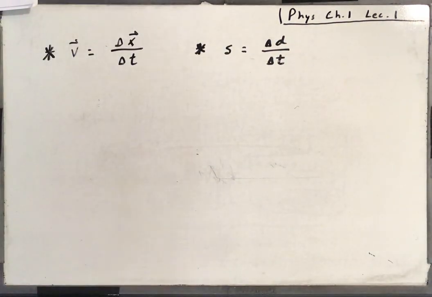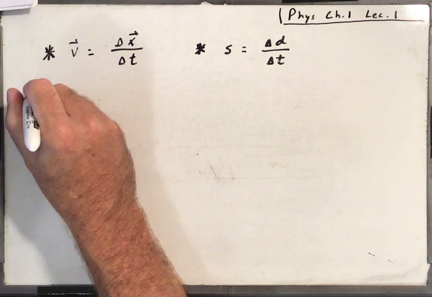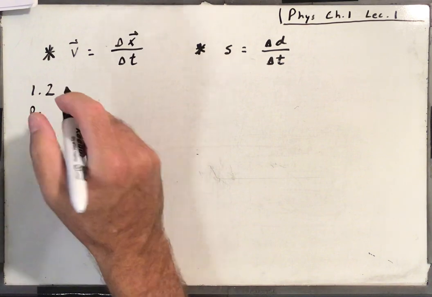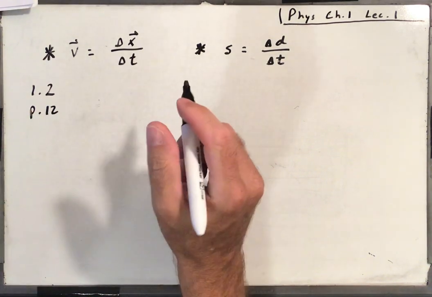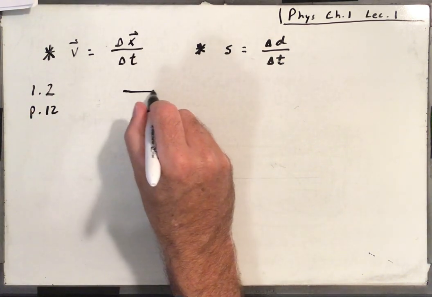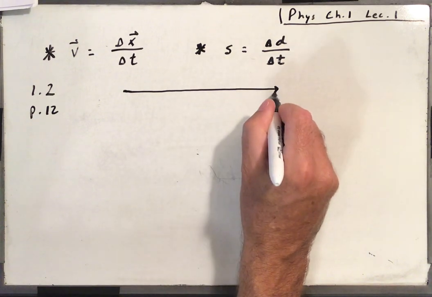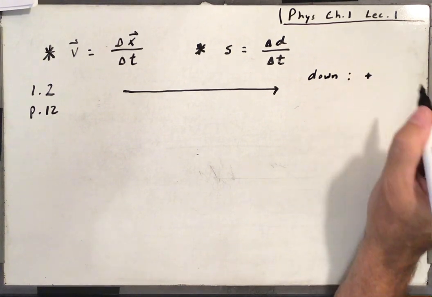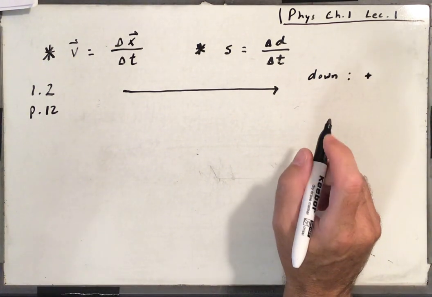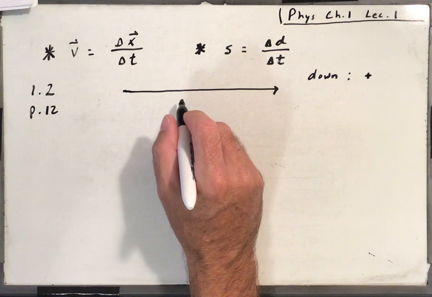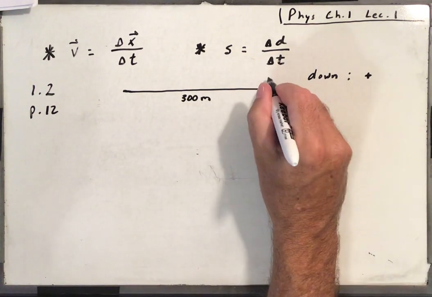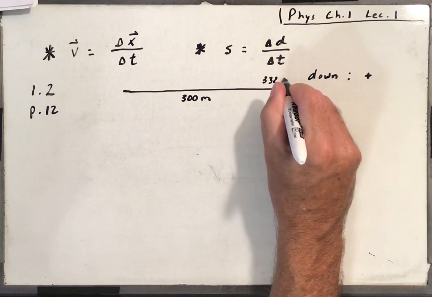So let's draw this out. We'll just go 1.2 on page 12. Draw it out. She's going down the street, and let's say that down the street is the positive direction. So down the street, it's 300 meters, and it takes 332 seconds.